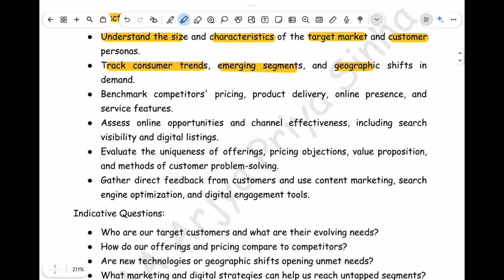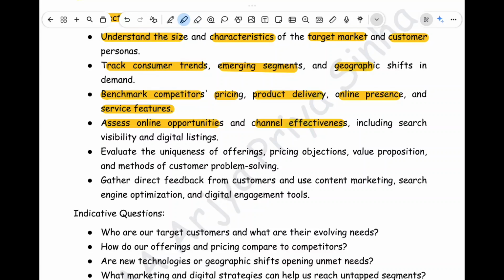Third is benchmark competitors' pricing, product delivery, online presence, and service features. Fourth is assess online opportunities and channel effectiveness, including search visibility and digital listening.